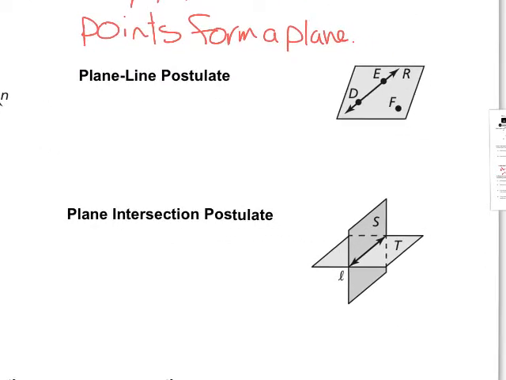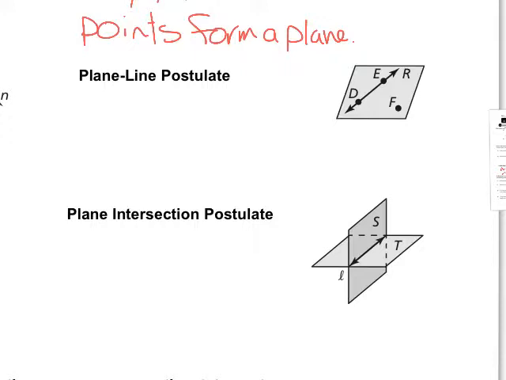Let's go ahead to the plane intersection postulate. What's the only way that two planes intersect? What kind of object are we going to be creating anytime two planes intersect? A line, right? So they're always going to intersect at a line.